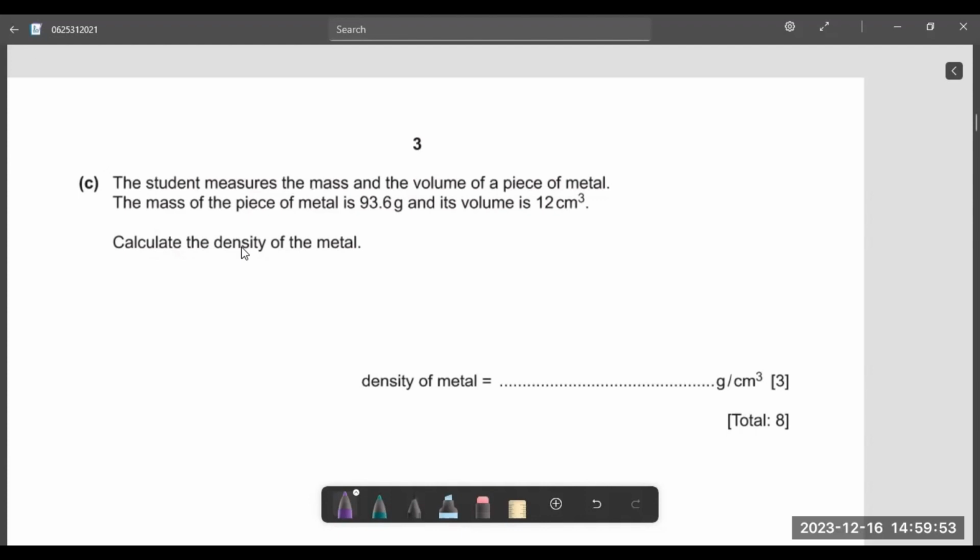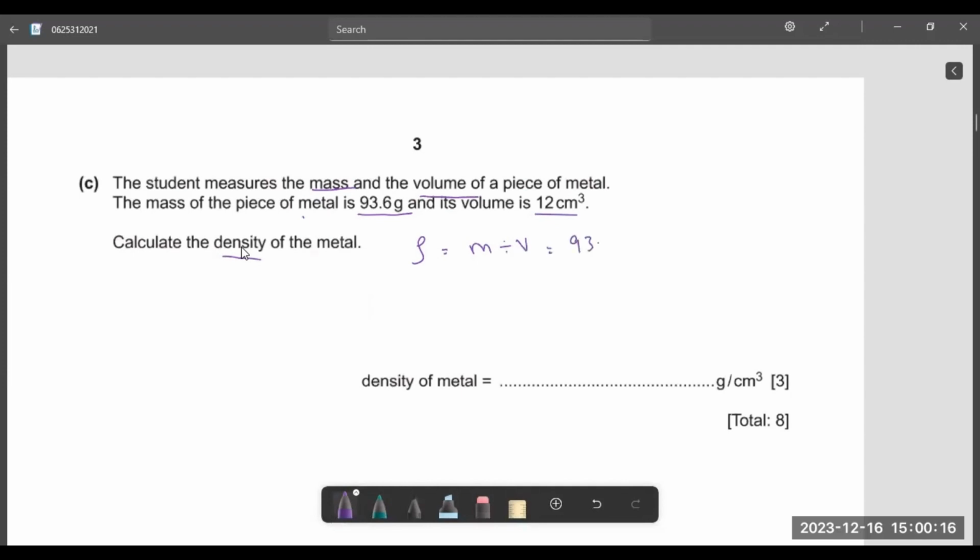Next, the student measures the mass and the volume of a piece of metal. The mass of the piece of metal is 93.6 gram and its volume is 12 centimeter cube. So we need to find the density of the metal. So density of the metal can be written as mass divided by volume.